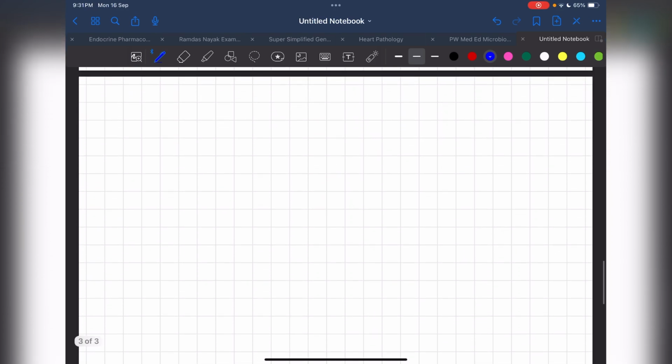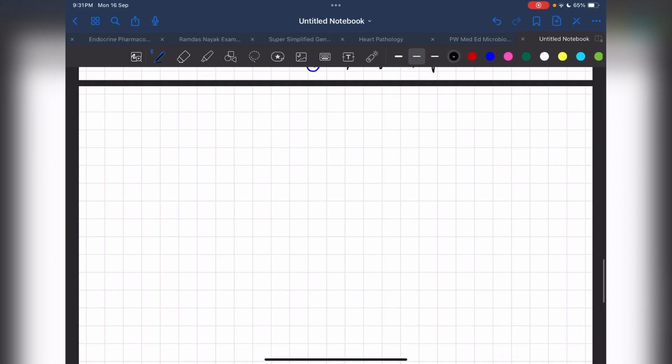Okay, for this lecture, the last topic that we come to is toxins, which is very important. There are two types of toxins. One is exotoxin and one is capsular polypeptide.